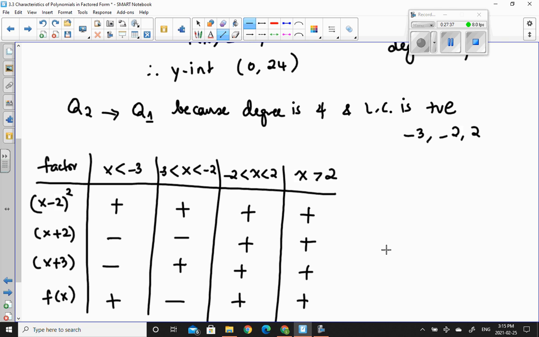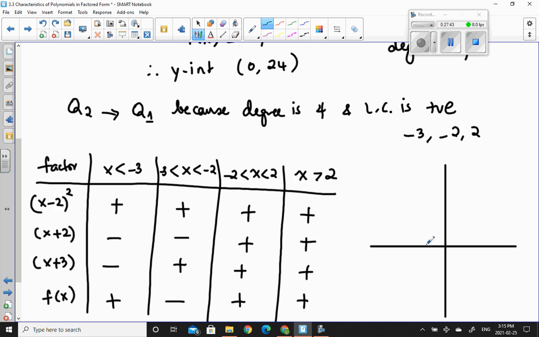So now we have all this information. We can easily sketch now the possible graph of this function. So it has a 0 at -3. It has a 0 at -2, and then it has a 0 at 2. We know that it's going to go from quadrant 2. So it's going to start here.